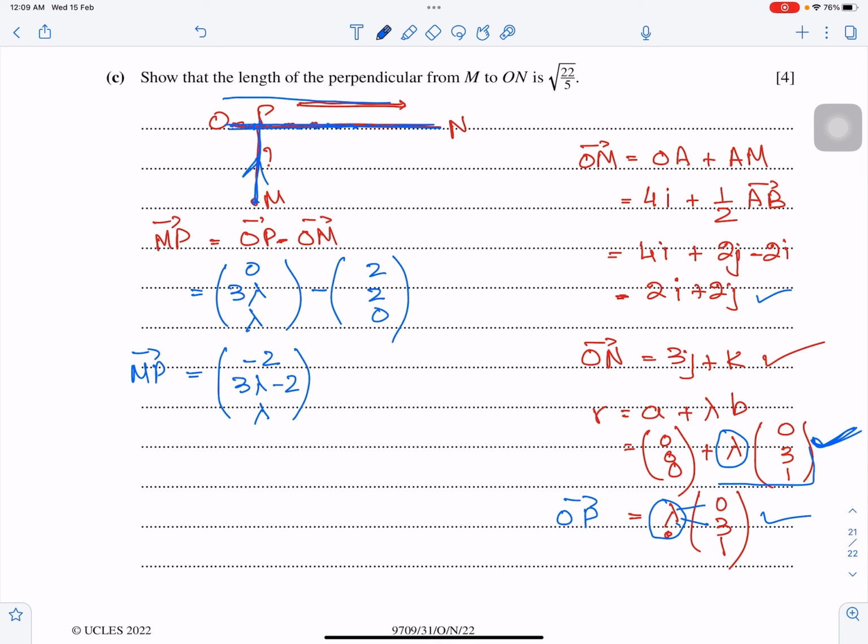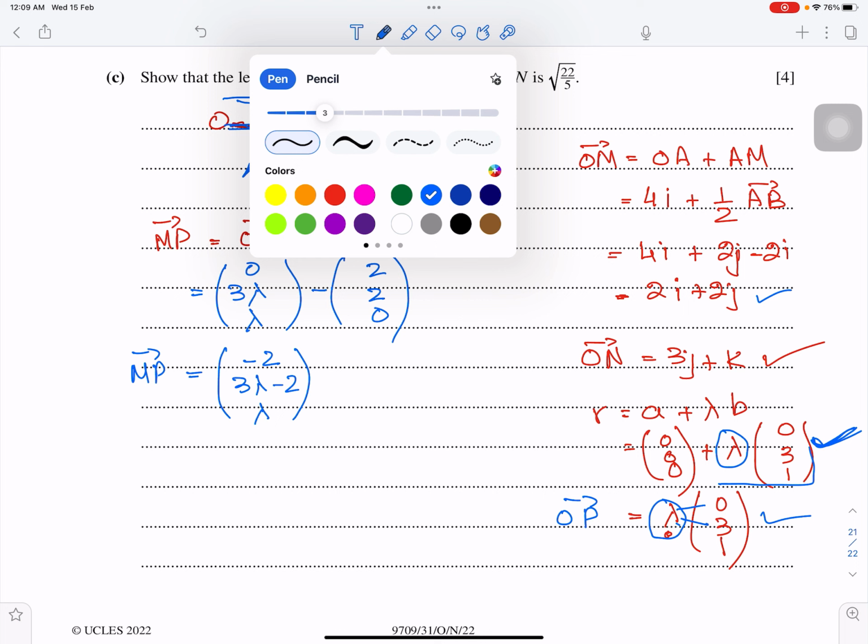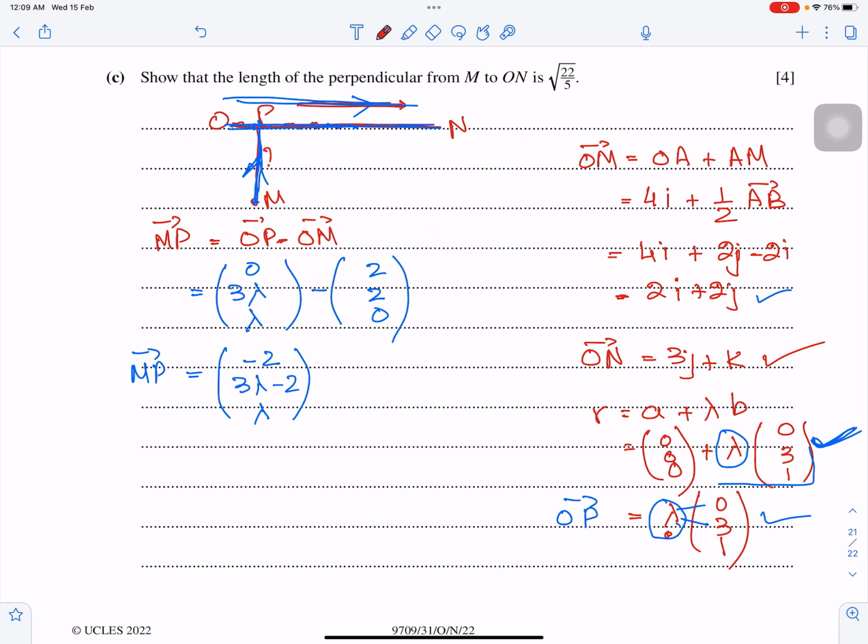So what you can do here: this MP direction and the direction of the line are perpendicular to each other. So you will use the concept of dot product equals 0. When two vectors are perpendicular to each other, we put the dot product equal to 0. So I am taking MP with the direction of ON. What is the direction of ON?